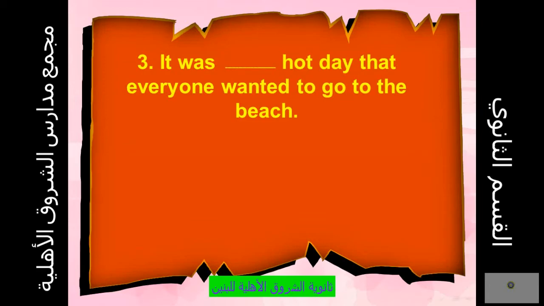It was space hot day that everyone wanted to go to the beach. So, very, or such. Do you remember that when we use an adjective and a noun, we use such. Such is followed by a or an, then the adjective and the noun.